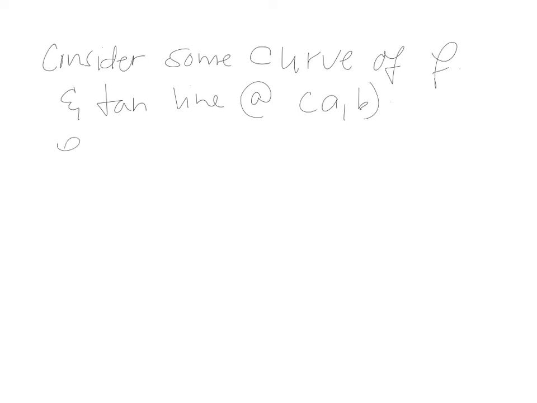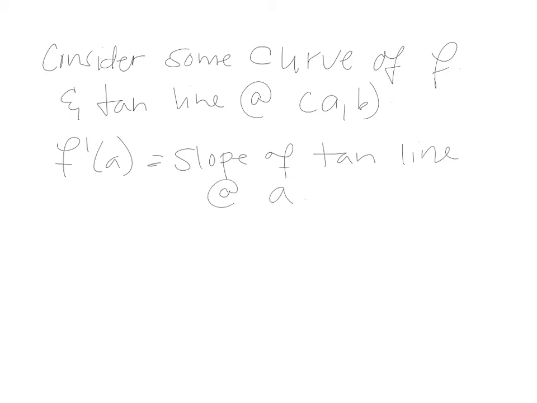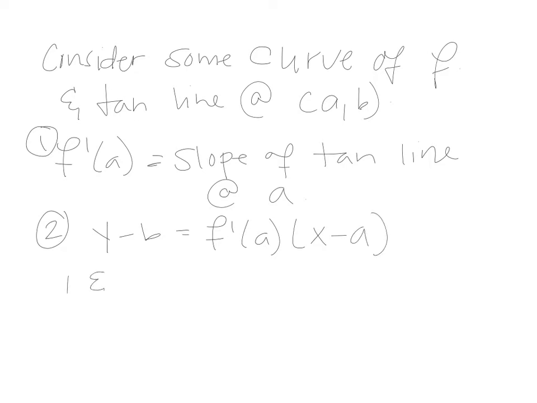So we know that, one, f prime of a is the slope of the tangent line at a, and the second piece is that y minus b equals f prime of a times x minus a. And 1 and 2 are true for f.